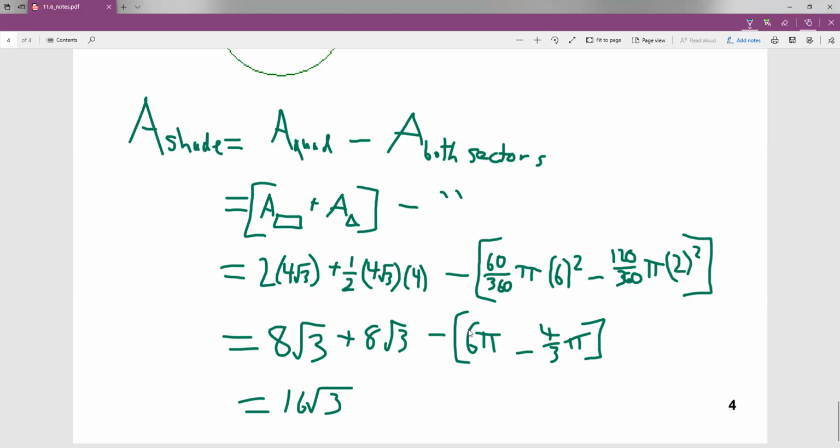And then I'm going to change this, so this is going to be 18 over 3 pi. So 18 minus 4, that'll make it 14. So minus 14 over 3 pi.